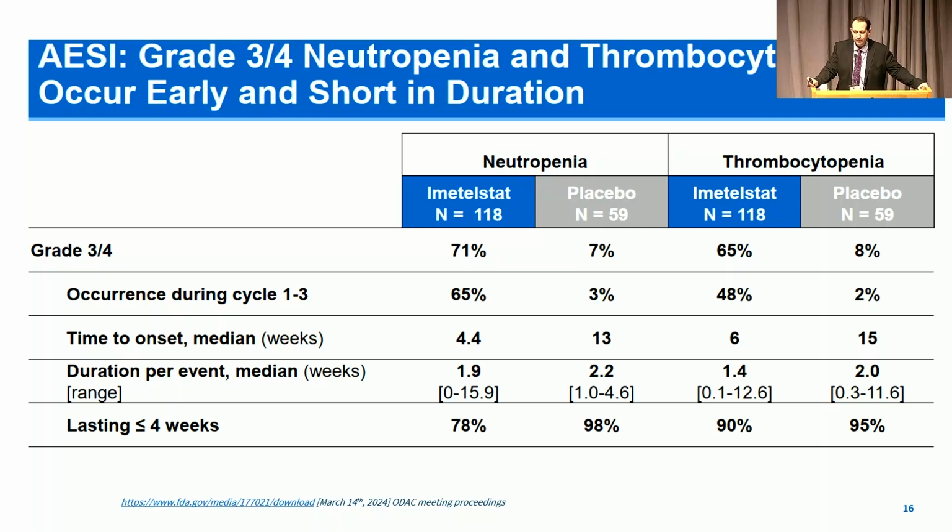So how did the neutropenia and cytopenia occur? When did they occur, and how were they managed? The most common cytopenias occurred in the first 1 to 3 cycles. Importantly, the time of onset was within the first 4 to 6 weeks of starting the drug, and the duration of the cytopenias was less than 2 weeks for neutropenia and/or thrombocytopenia, and they lasted for less than or equal to 4 weeks.